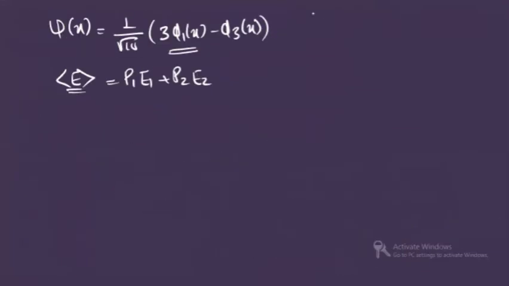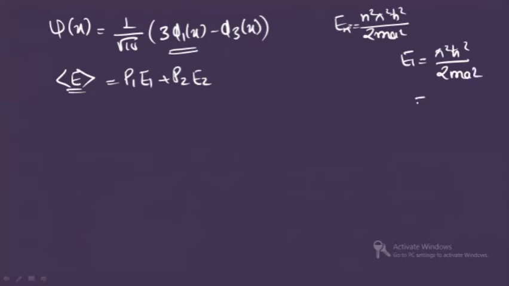So from here, En is equal to n square pi square h cut square by 2 ma square. E1 will be pi square h cut square by 2 ma square, and E3 will be 9 pi square h cut square by 2 ma square, right?